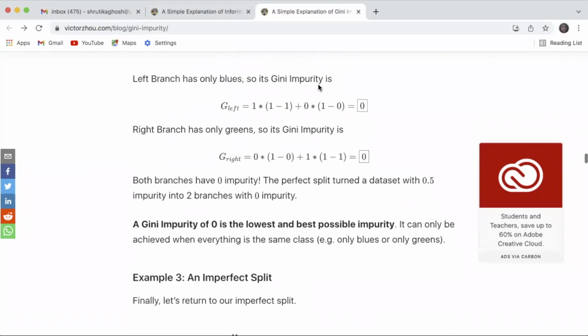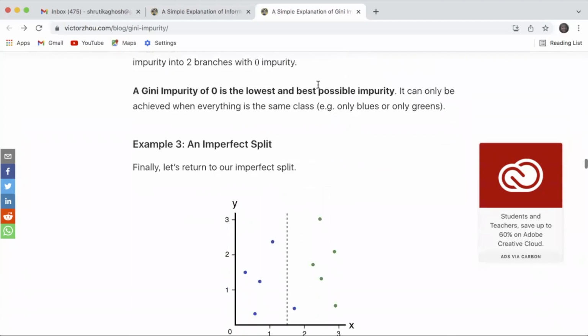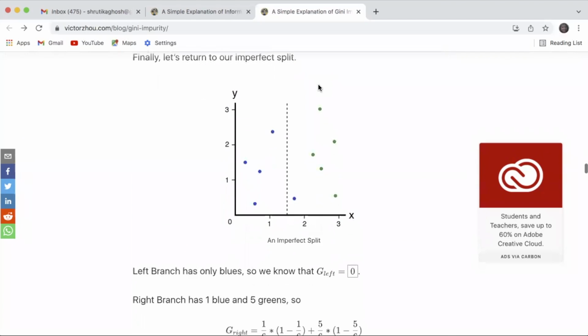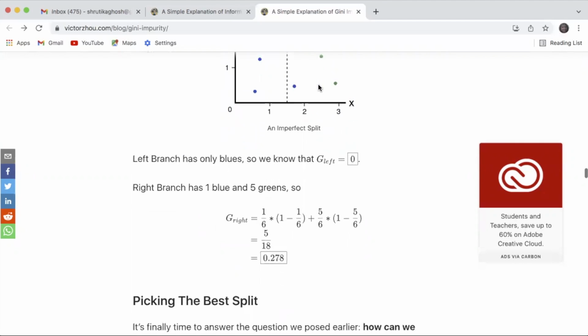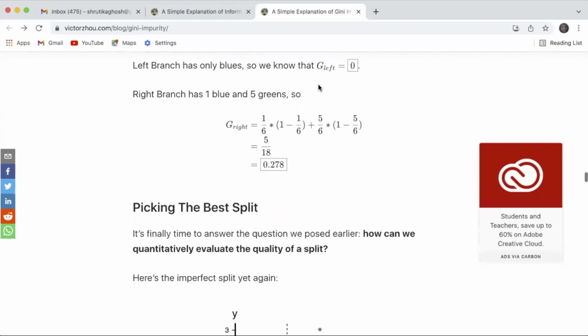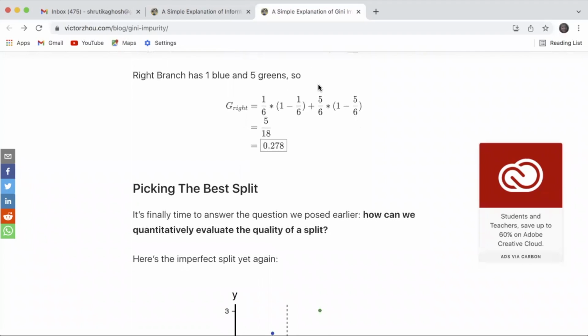Now for another split, x is equal to 1.5, we are trying to find the Gini impurity of both the left and the right data set. For the right data set, we found that the Gini impurity is 0.278. So now we have to decide, out of both the picks, x is equal to 2 and x is equal to 1.5, which is the best split.